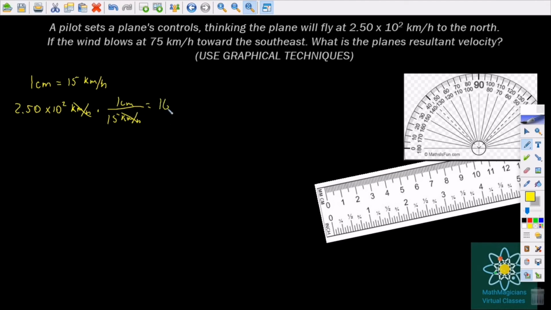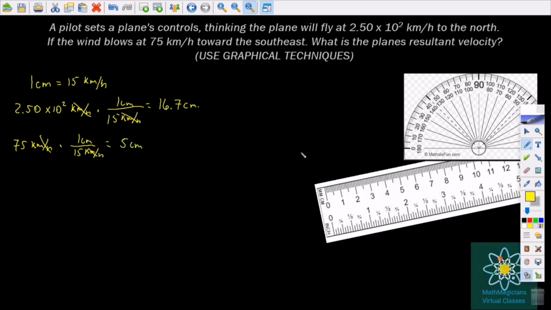That means that it will just be 16.7 centimeters once we round it. Then we have 75 kilometers per hour. We do the same operation with 15 kilometers per hour. We make this division, 75 divided by 15 is 5 centimeters.